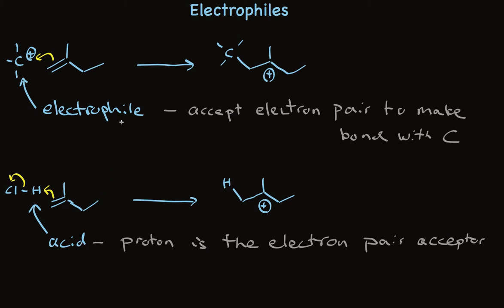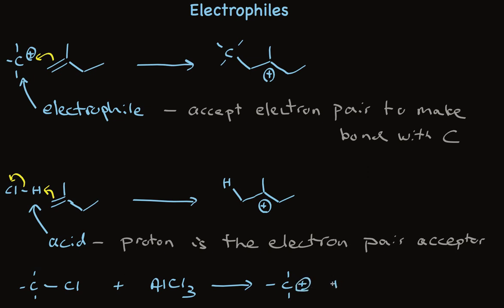When the reaction is with something else that wants a pair of electrons from carbon, we're going to call it an electrophile. And we'll reserve the term Lewis acid for electron pair acceptors that are accepting electrons from something else, like a halide. The classic example is aluminum chloride, which has an unfilled outer shell. It needs a pair of electrons, reacting with an organic halide to take the chloride away and make a carbocation.